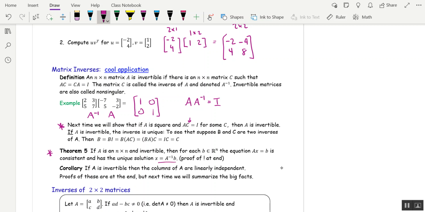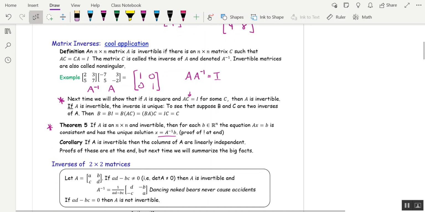And there's a corollary that says if A is invertible, the columns of A are linearly independent. Don't worry too much about all these theorems that we're going to see today, because there's a bunch of them. Theorem 5 is important, and then we'll have theorem 7 towards the end. Next time, we're going to collect all the important facts and put them into one huge theorem. So don't worry yet about what you have to know.